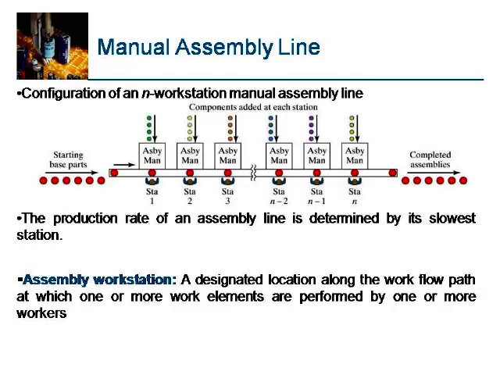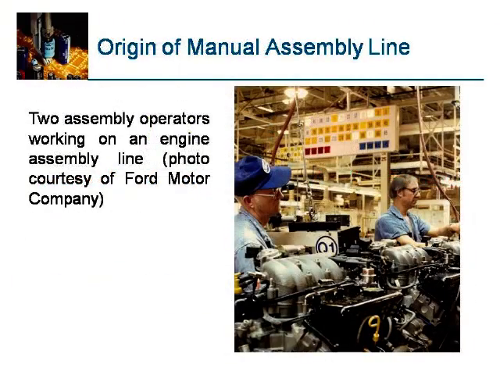An assembly workstation is nothing but a designated location along the workflow path at which one or more work elements are performed by one or more workers. You see here in the typical manual assembly line, two assembly operators working on an engine assembly line.